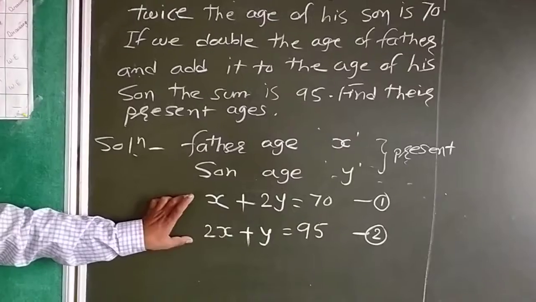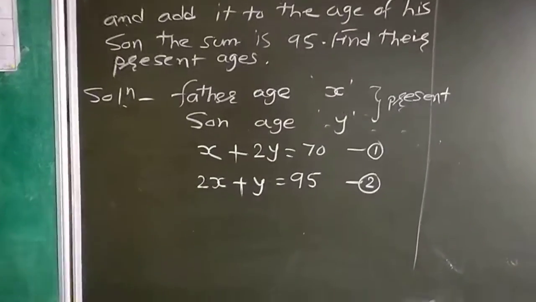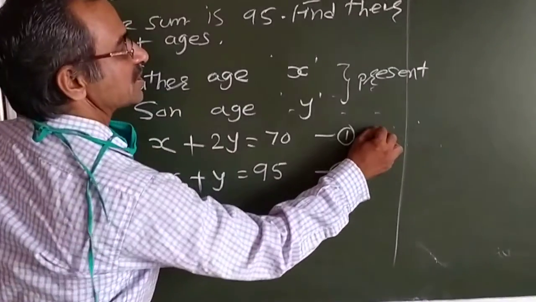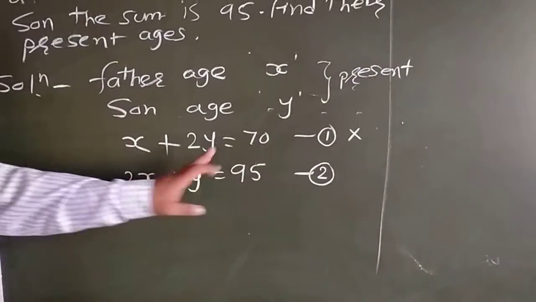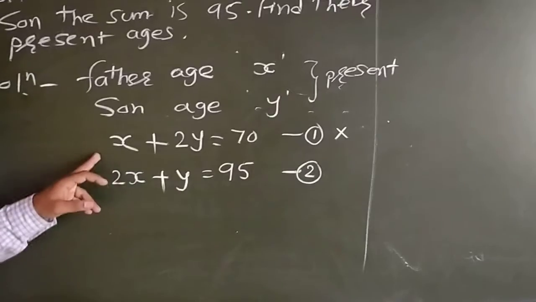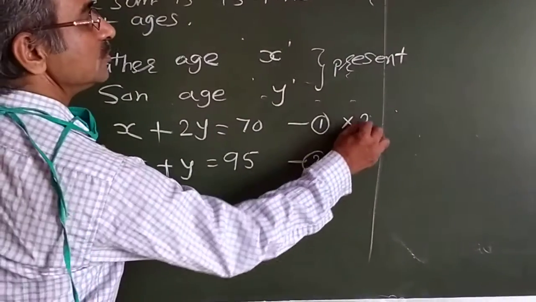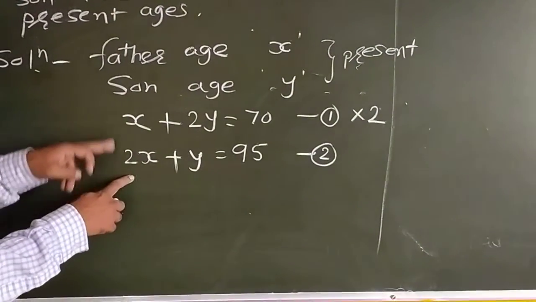The two equations we got, we are solving by the elimination method. For this, we multiply the first equation by 2. Why 2? Because its coefficient is 2, so it is easy to eliminate.